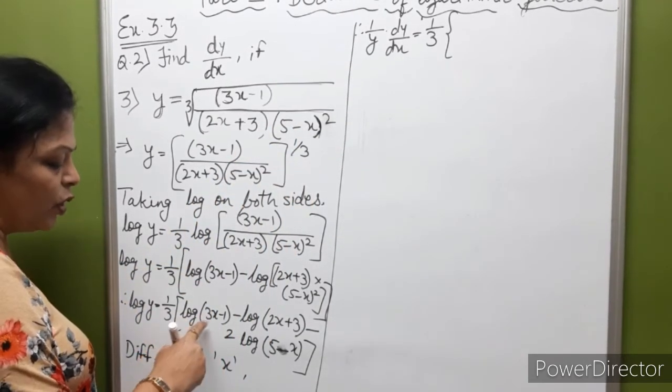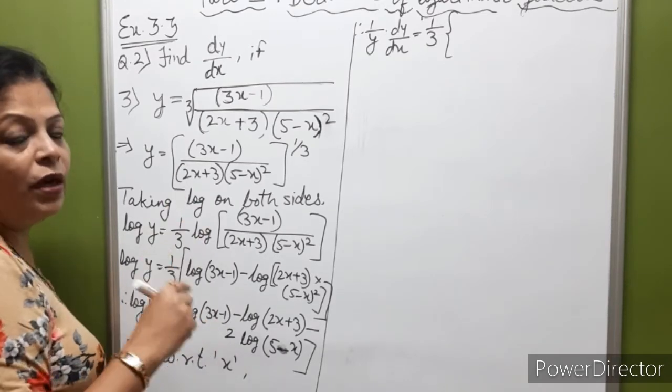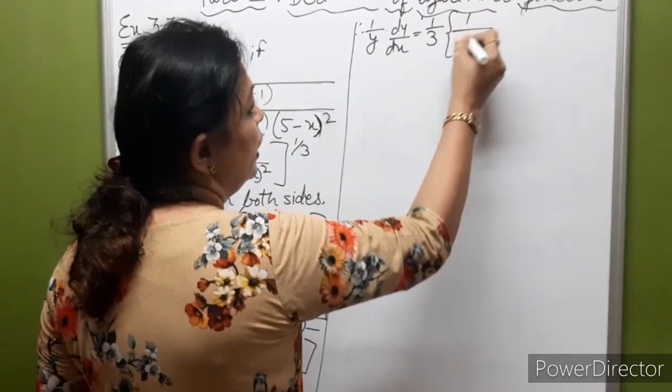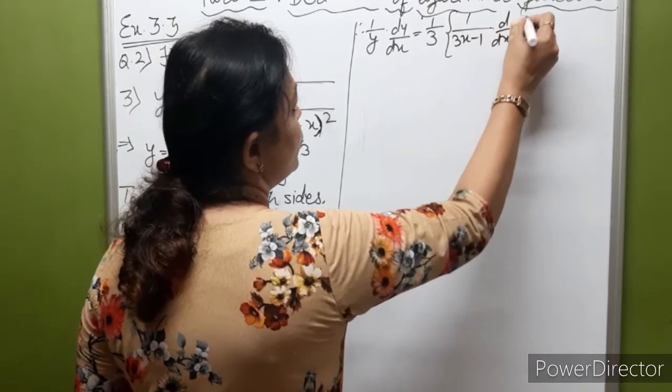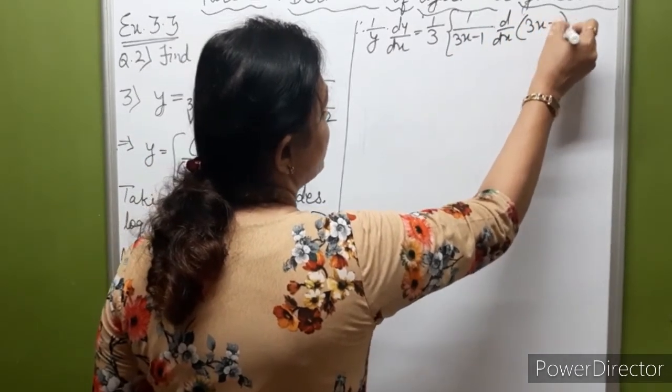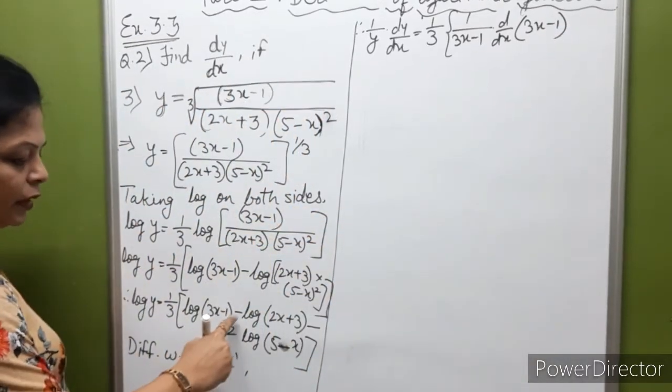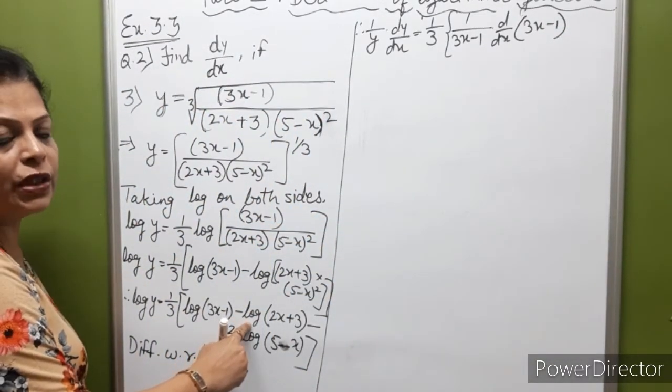So derivative of log of 3x minus 1 will be 1 upon 3x minus 1 into d dx of 3x minus 1. Correct? Then minus, again log function.